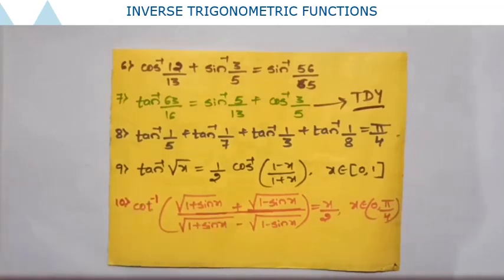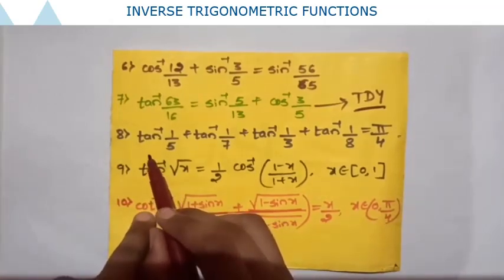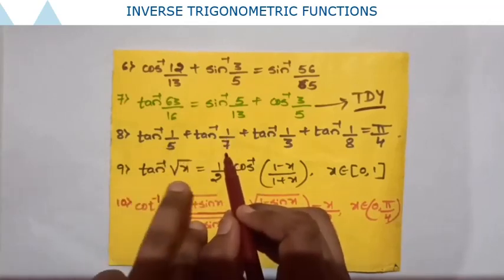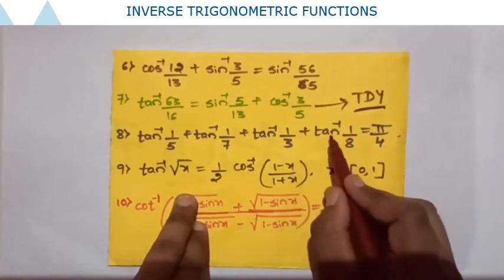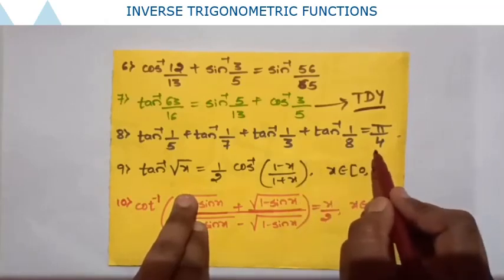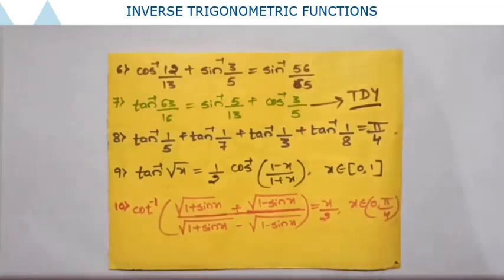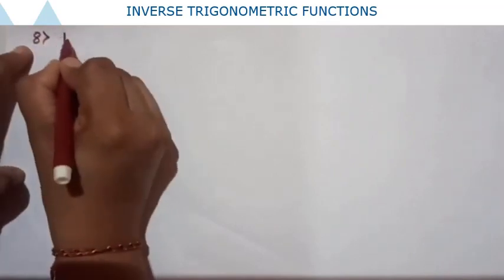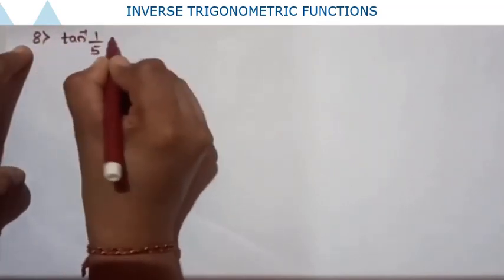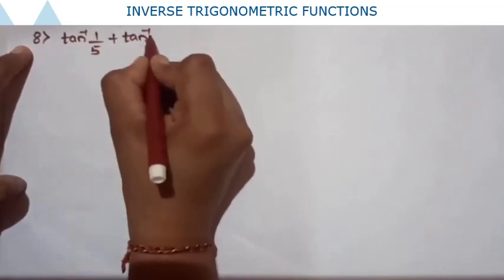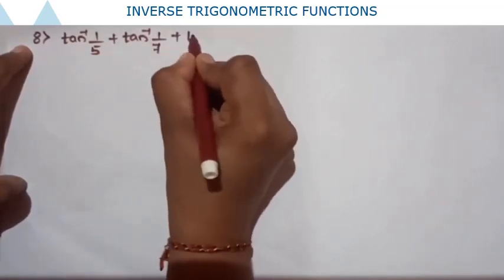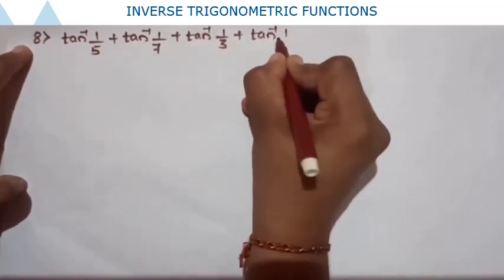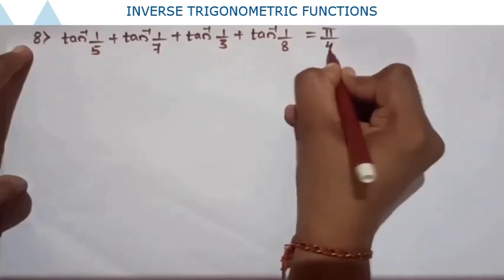Okay, so now we'll consider the 8th formula, the 8th example. What is the 8th example? Prove that tan inverse 1 by 5 plus tan inverse 1 by 7 plus tan inverse 1 by 3 plus tan inverse 1 by 8 is equal to pi by 4.